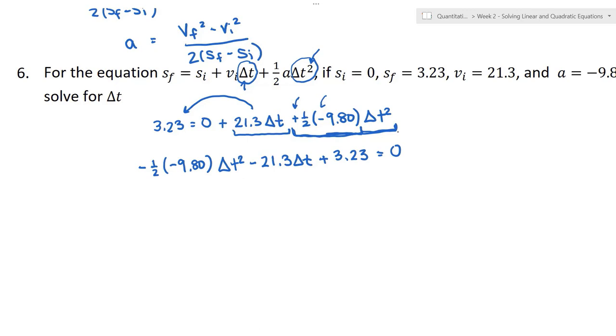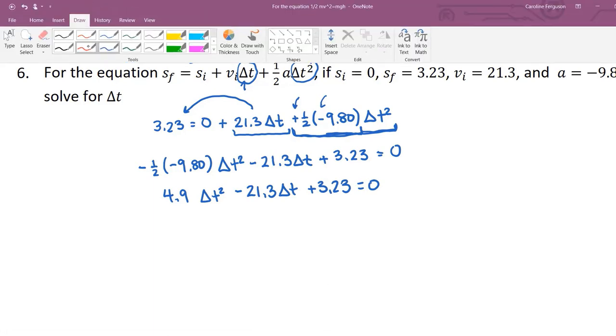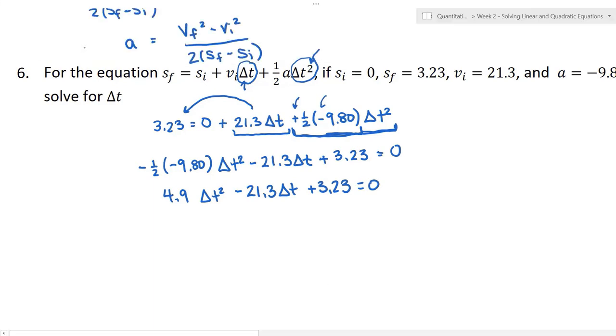So we can type on our calculator negative 1/2 times negative 9.80, and we get 4.9 delta t squared minus 21.3 delta t plus 3.23 is equal to 0. Now this looks great because it's in standard form. The delta t squared term comes first, the delta t term comes next, and then just the plain number by itself is last, equals 0.